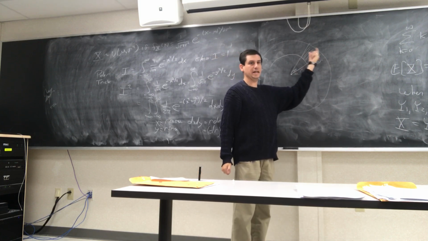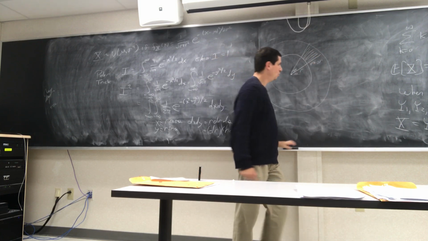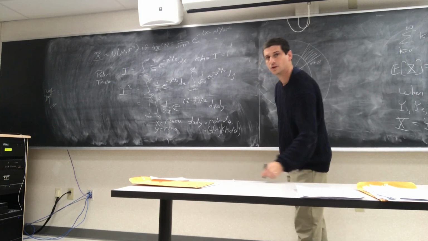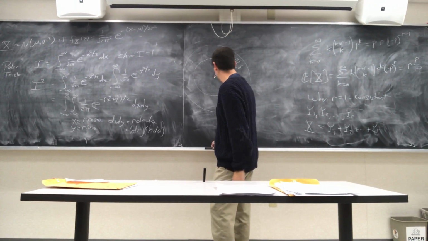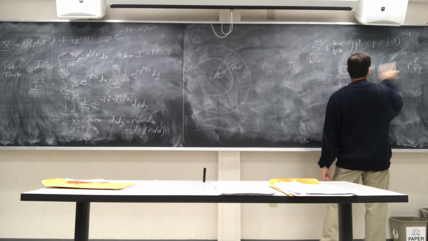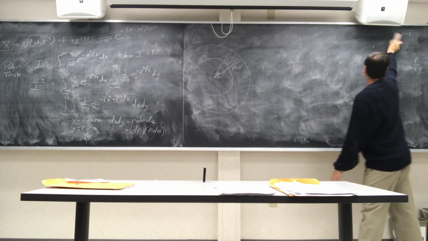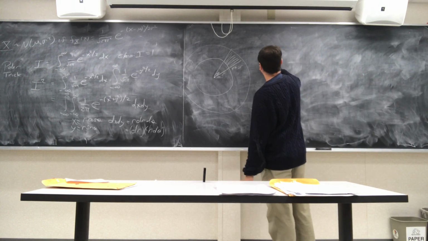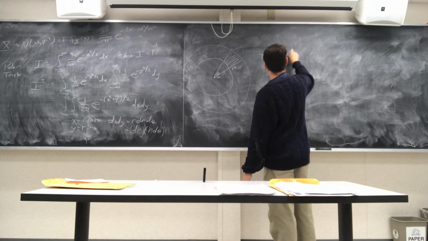What is going to be the area of this sector? Well, the whole circle, it's pi times the radius squared. So if I take the big circle, the radius of the big circle is r plus delta r. The radius of the smaller circle is r. So the big circle is pi (r plus delta r) squared.